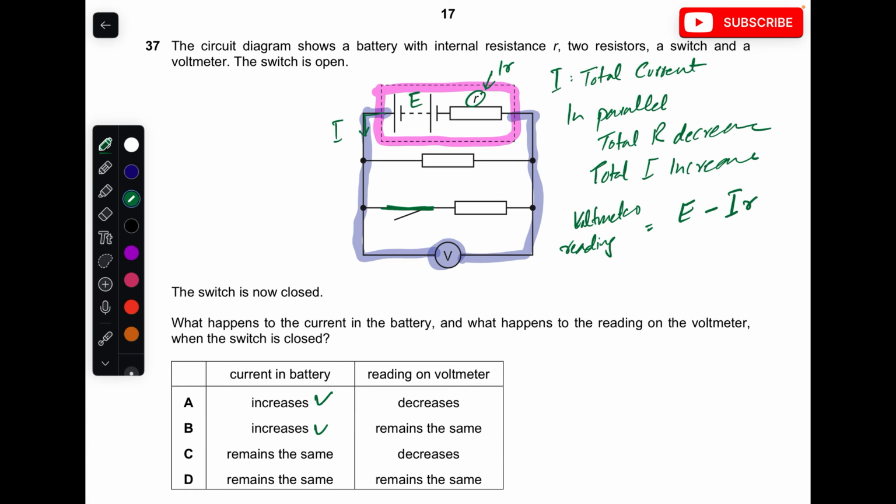As you see, this I is decreasing. Sorry, this I is not decreasing. This is increasing, we just have written. So this I is increasing. So if I increases, this whole term E minus IR decreases. So the voltage reading on the voltmeter also decreases. So it's option A that is correct.